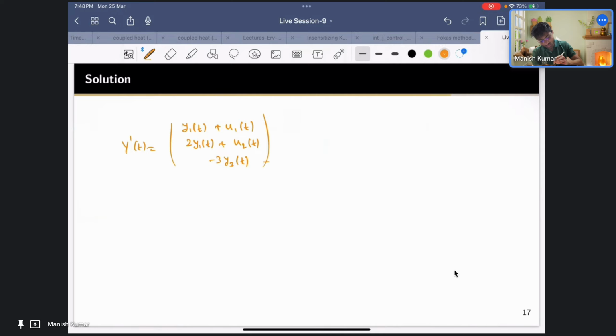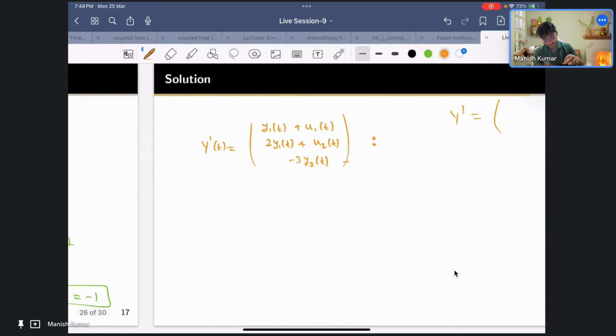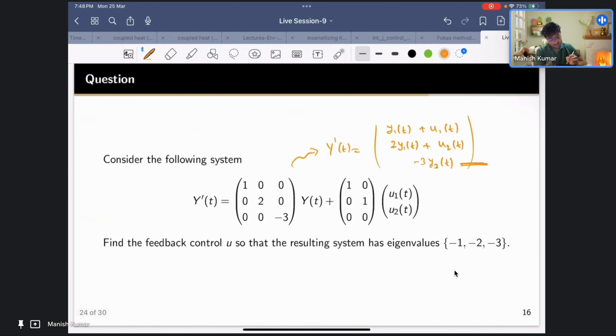So my goal is what? I want my system y prime in this form, where I want the system to have the eigenvalues -1, -2, and -3. The -3 is already there.